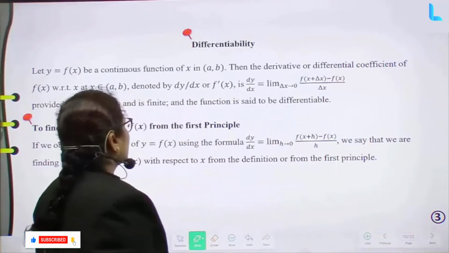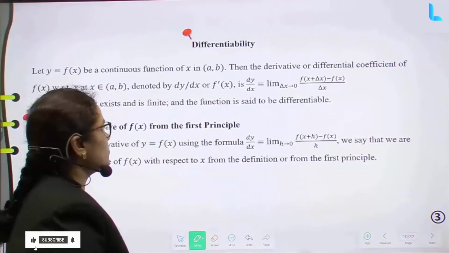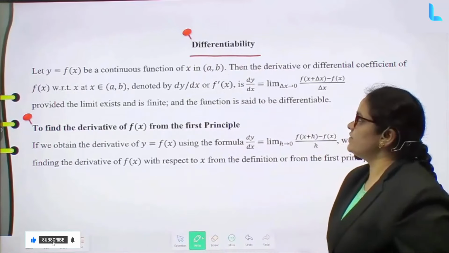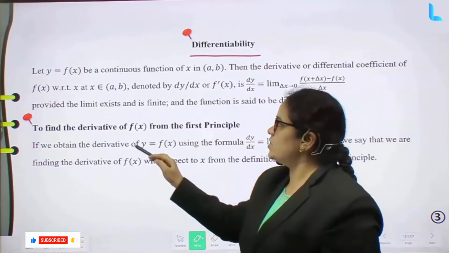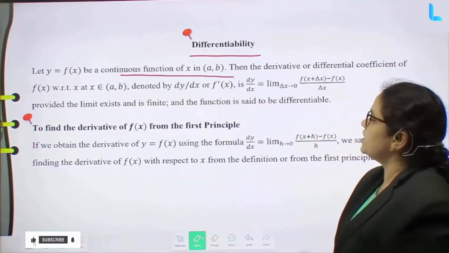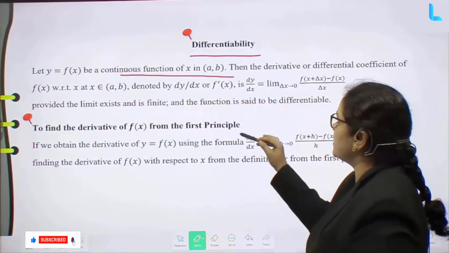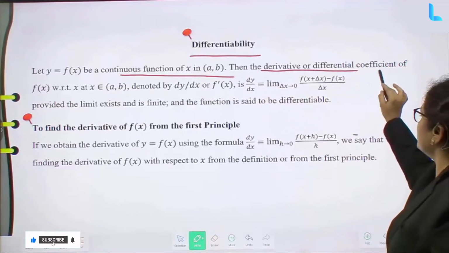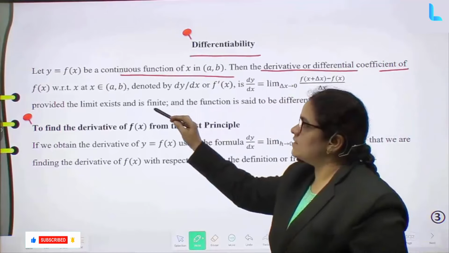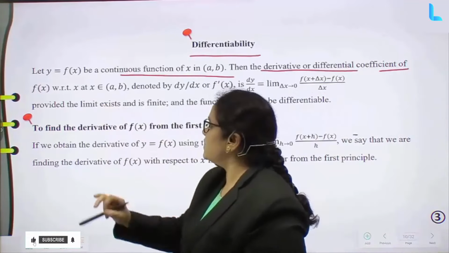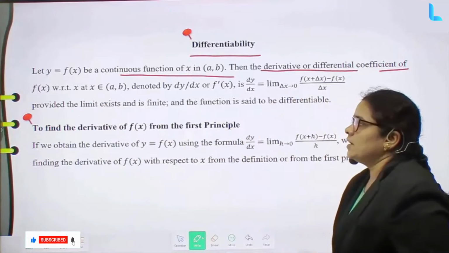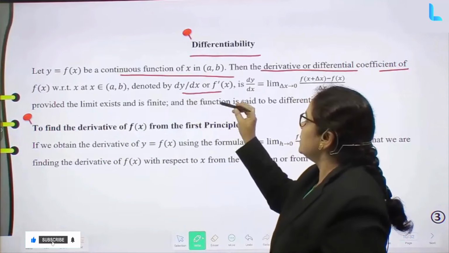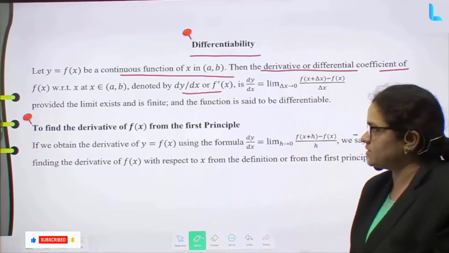These are the properties of continuous functions. Next one, differentiability. So the continuity topic last minute revision is over. Next topic is differentiability. Let y equal to f(x) be a continuous function of x in the open interval (a, b), then the derivative or differential quotient of f(x) with respect to x at x belonging to the open interval (a, b) is denoted by d by dx or f dash of x.